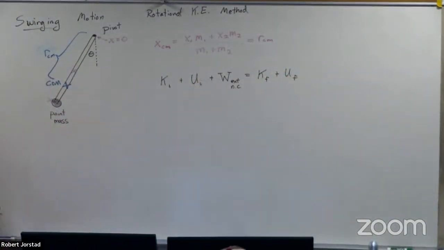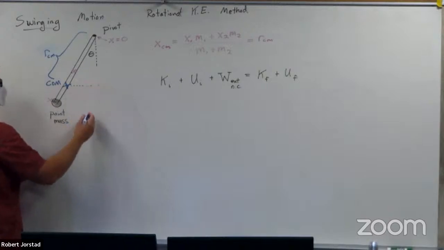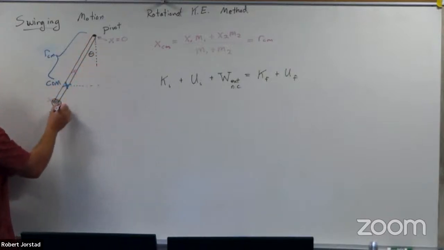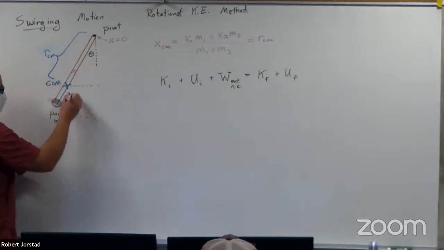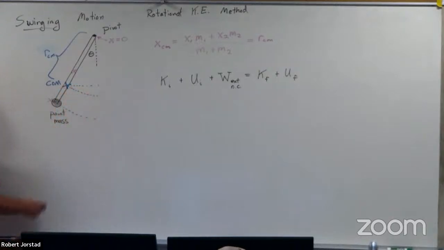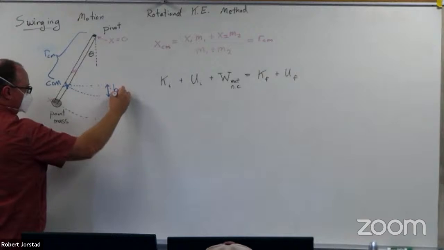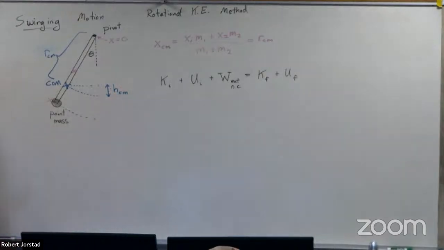The gravitational potential energy is based on this reference level. And when it swings down here, that's going to swing in a slightly smaller circle than the point mass. So this is the height of the center of mass, right?